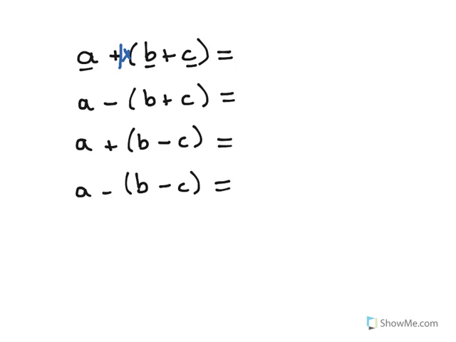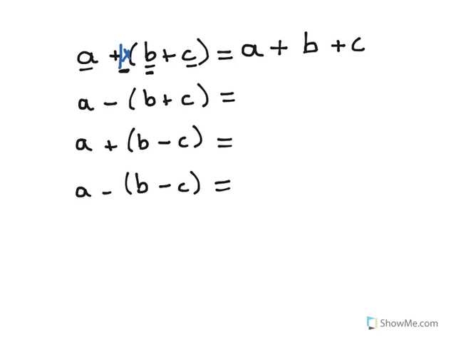So the answer here is, the first a just stays the same, a, plus, and we have to think of this as 1 times b. Plus 1 times b would give us just b. And plus 1 times plus c would give us plus c.